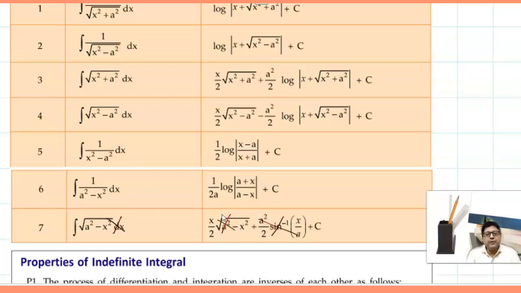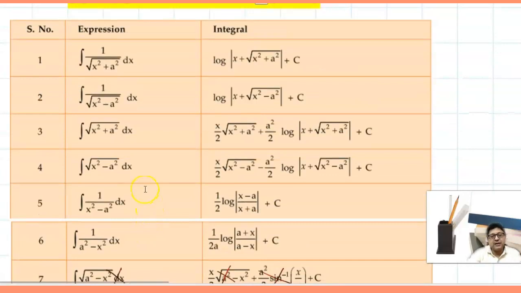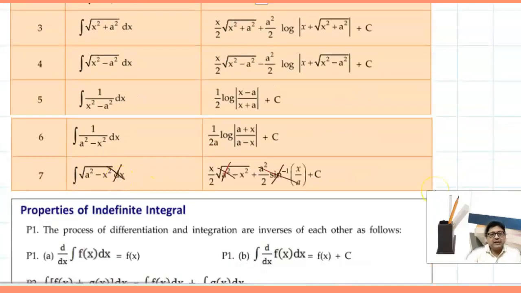Sums cannot be asked on indefinite integration of the form root over a square minus x square, and dx by under root a square minus x square will never be asked in the board exam, because the formula you need here is an inverse trigonometric function, not included in your syllabus.